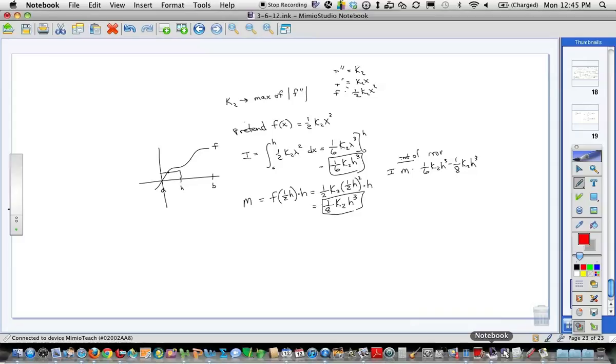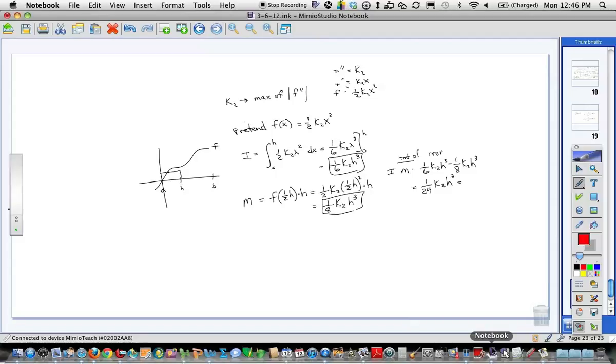Well, that's easy. I just need a common denominator. This would be what? 4/24 minus 3/24. So this would be 1/24 K2h cubed. Right?